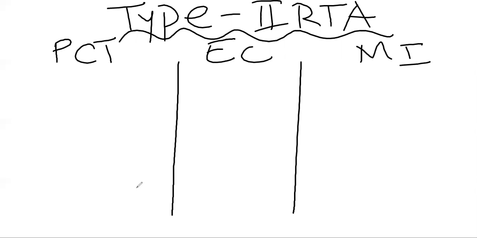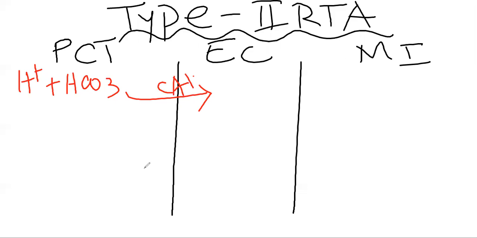interstitium. What happens when hydrogen ion and bicarbonate ion are present in the proximal part of the nephron? They first react with each other at the level of the cell membrane of the epithelial cell via carbonic anhydrase type 4, and immediately produce H2O plus CO2.